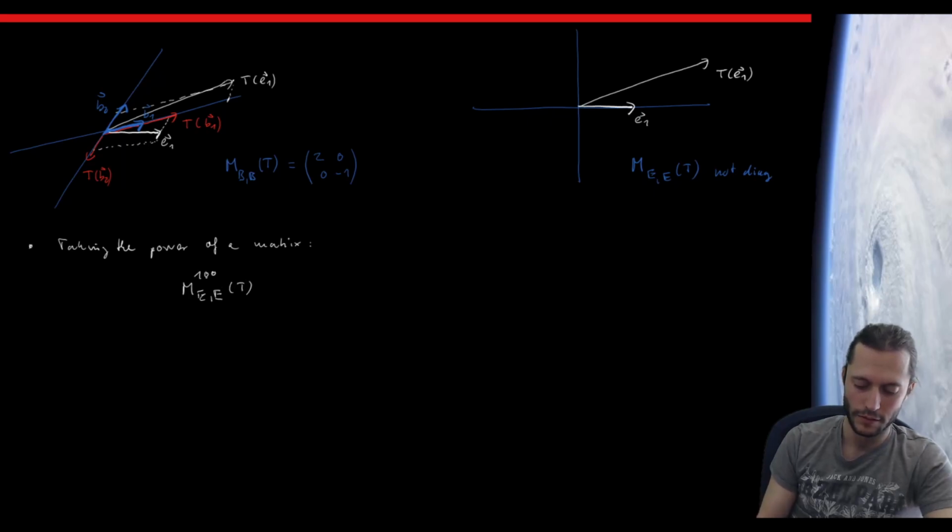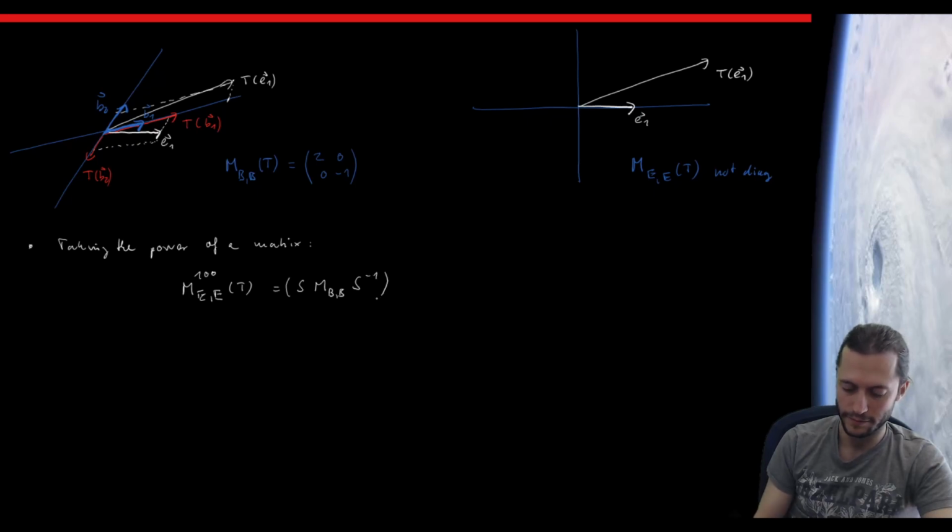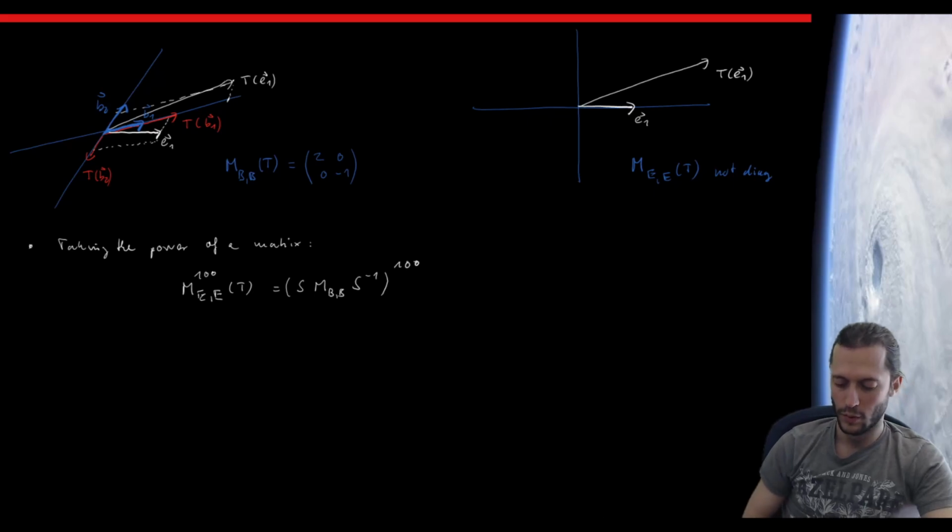And now you actually want to take the power of 100. Now, as you know, this one is similar to the diagonal matrix with respect to the eigenvector basis. And we had these S and S minus 1, or M, but I just take S to make it a little shorter. And we take the 100. This is from the equation of similar matrices.